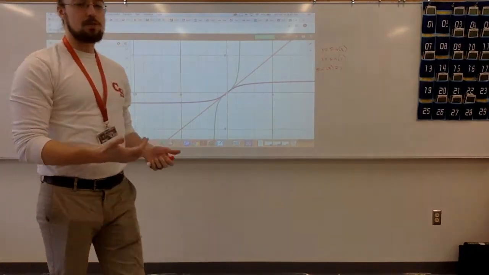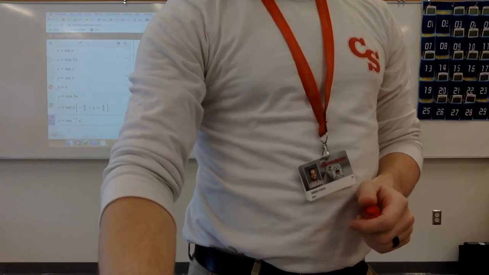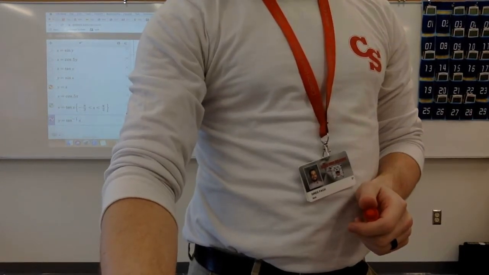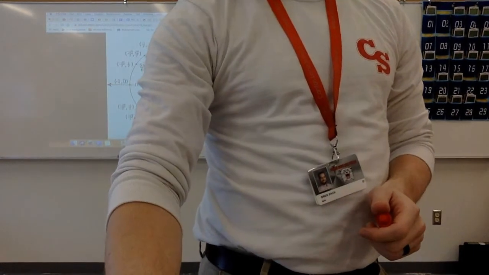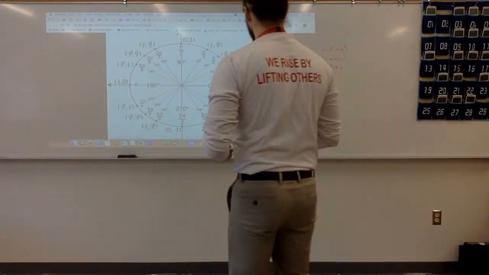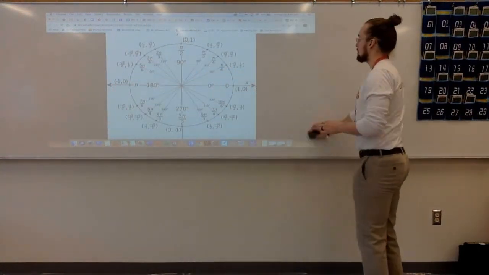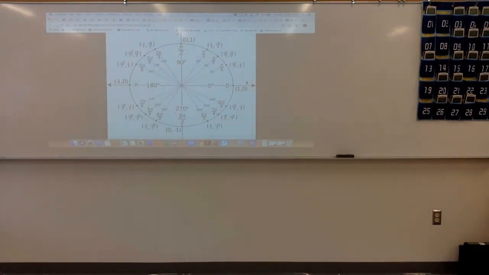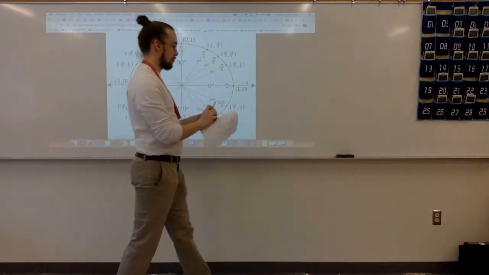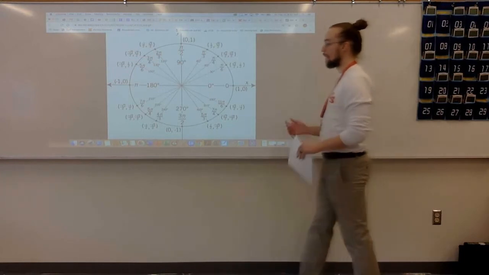So let's think about this idea on the unit circle. We said that inverse sine, let's talk about inverse sine first, is only defined for angles between negative pi over 2 and pi over 2.